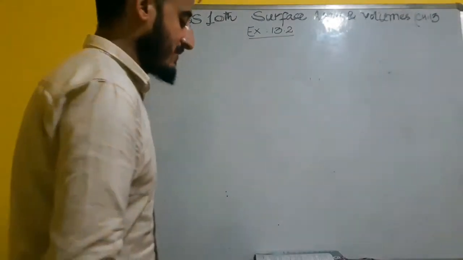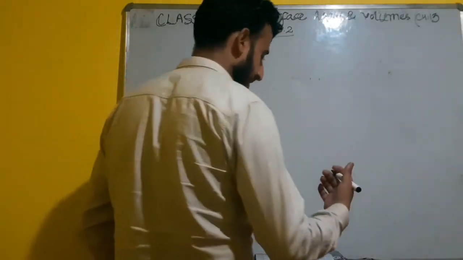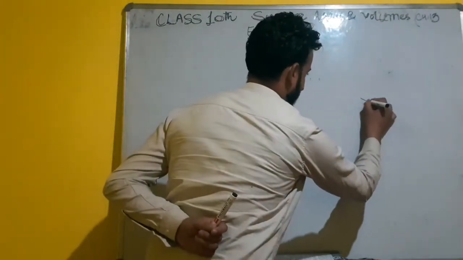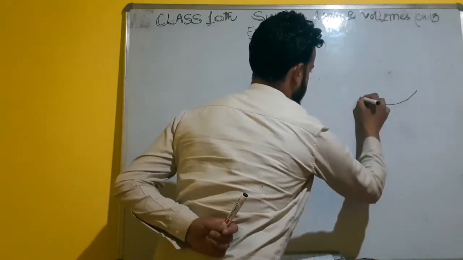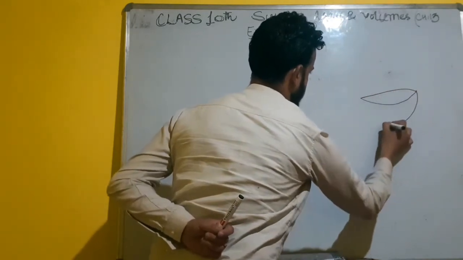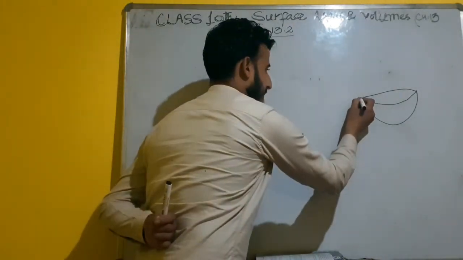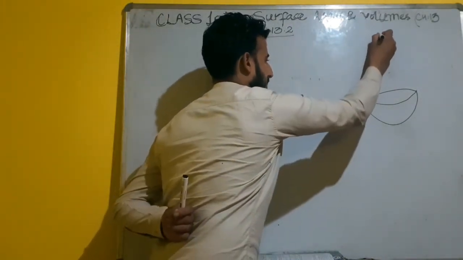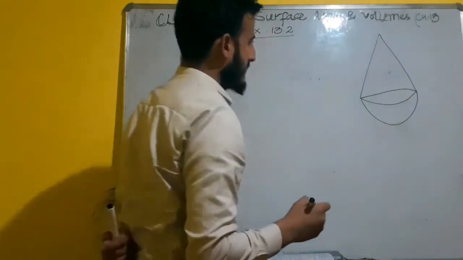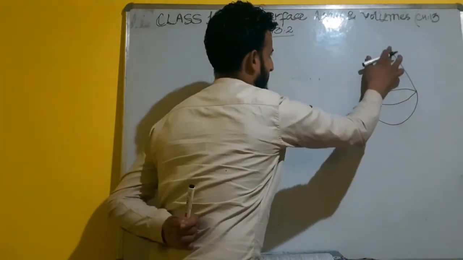Let us first draw the figure. So here what we have is a hemisphere surmounted by a cone.